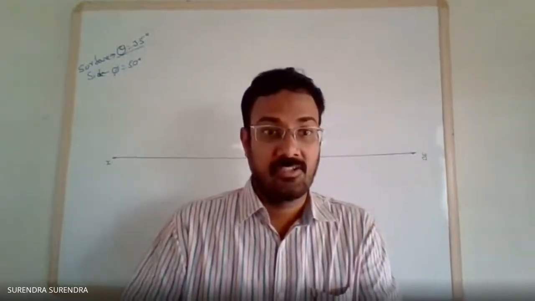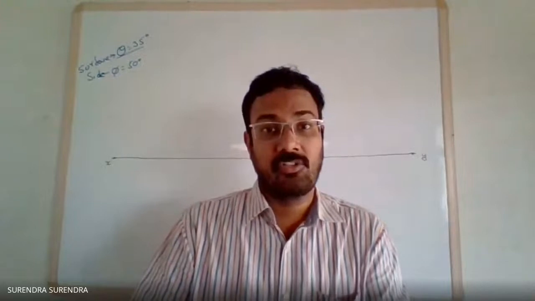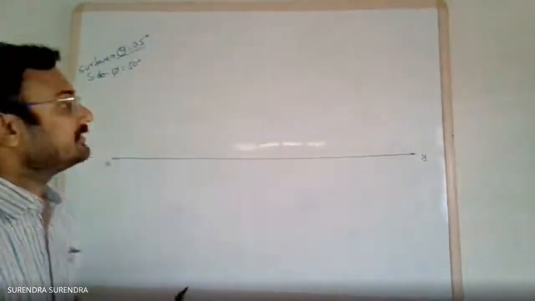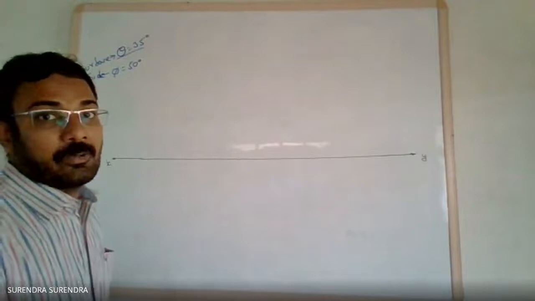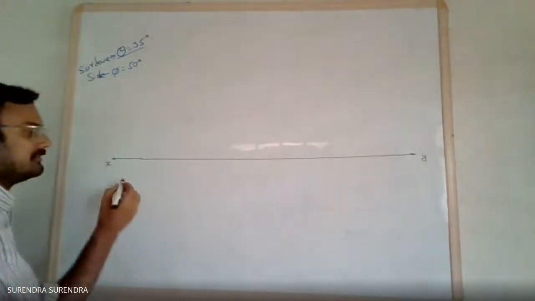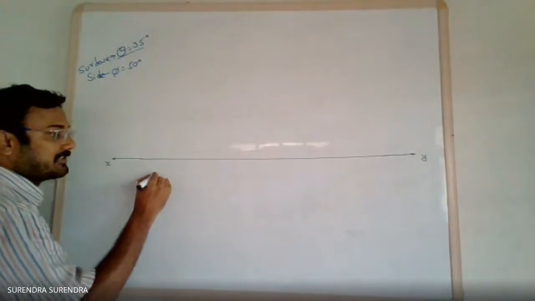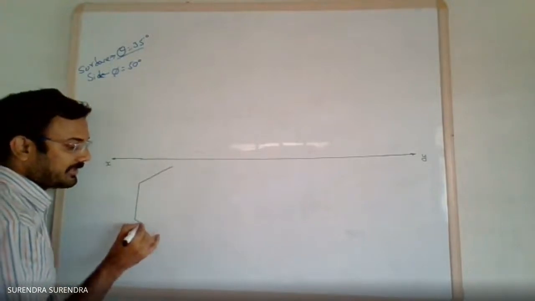It is a problem based on an edge, so in the pentagon orientation, we must draw the surface with one of the edges perpendicular to the XY line. So we must draw the top view as a pentagon with one edge perpendicular to the XY line. Follow the process which I explained in the last class for drawing the pentagon.